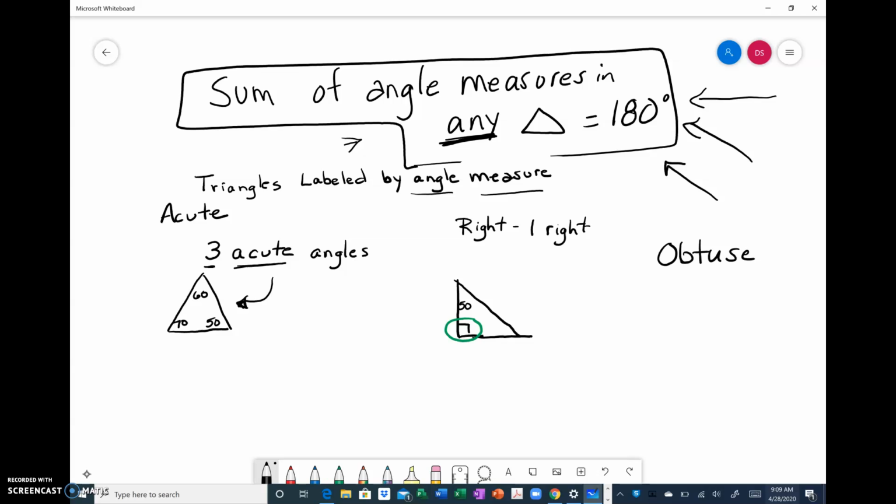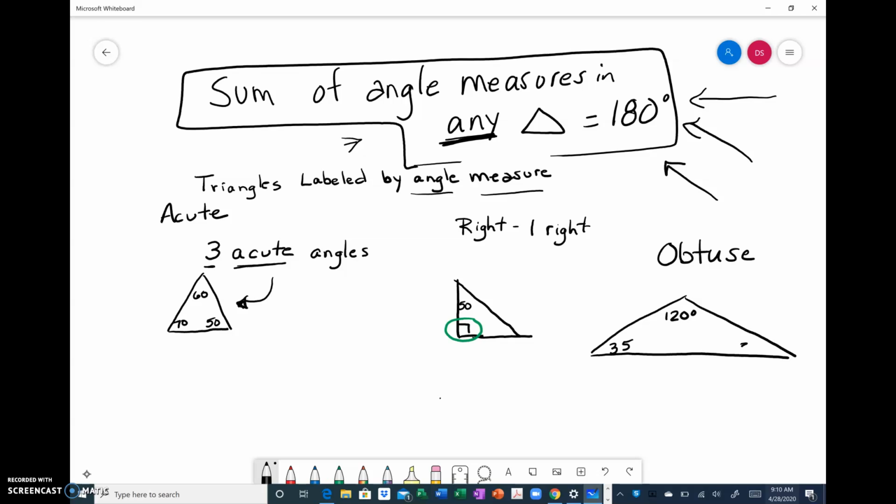Tell yourself now. It is an angle over 90 degrees, but not exceeding 180. And so an obtuse triangle would be one with 1 angle over 90 degrees. And you can see in this one that it is that top angle of 120 degrees.